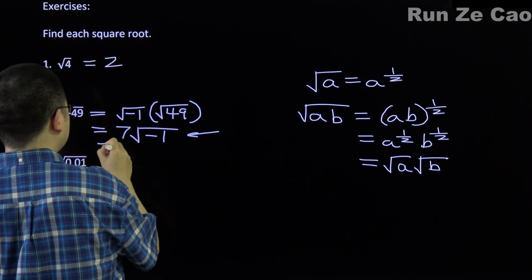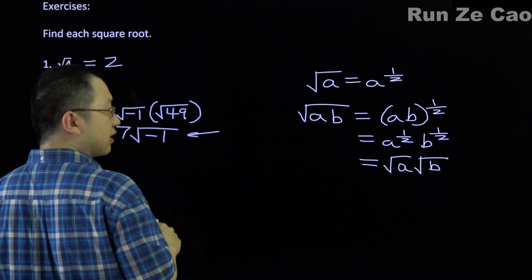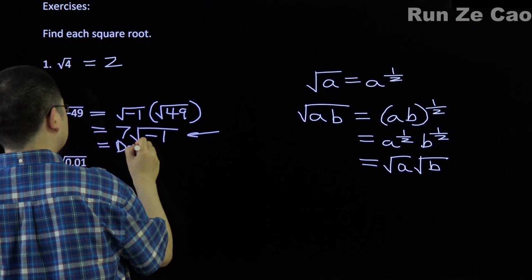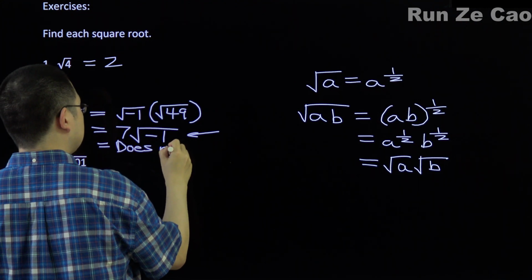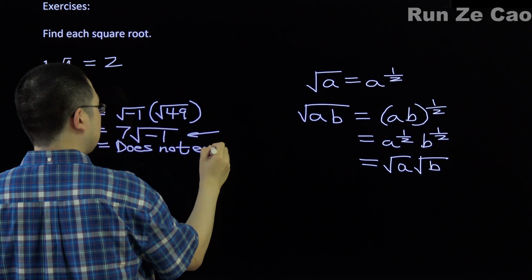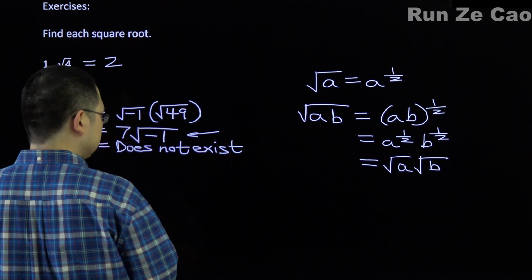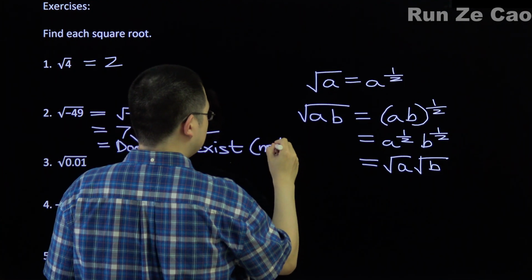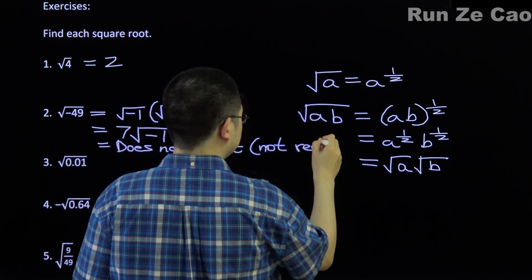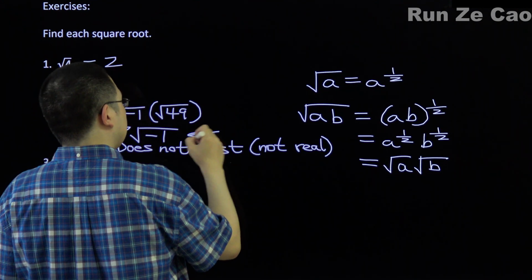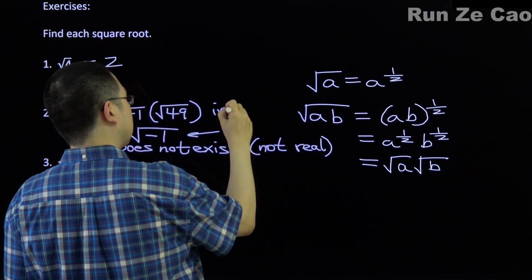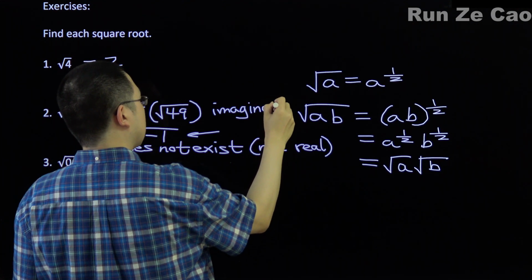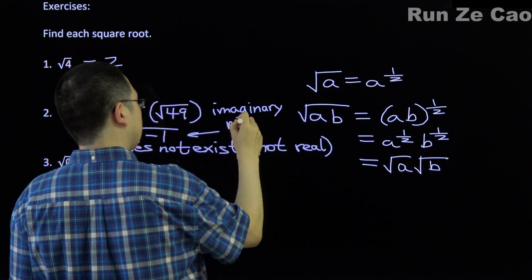But later on, when we get to imaginary numbers instead of just real numbers, we would be able to work with this. Does not exist. Well, I mean, it's not real. This is imaginary numbers.